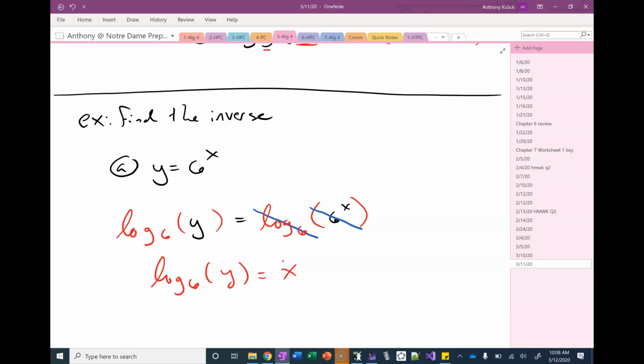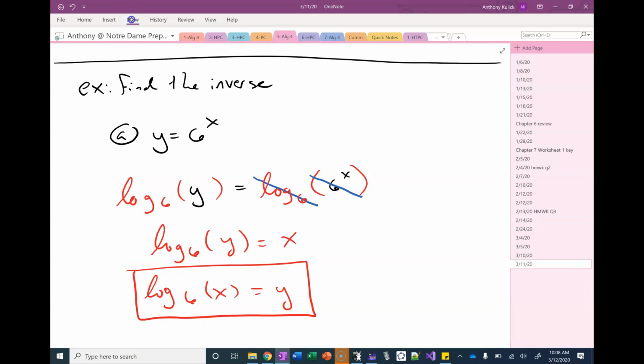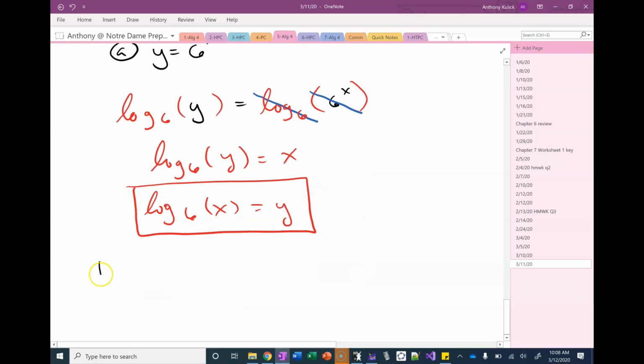So my next step would be then to swap the x and y coordinates. And we're finished. Is everybody okay with that idea? Okay. Let's do another.